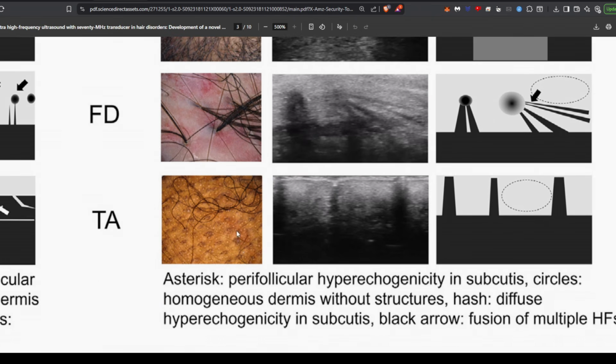And TA over here, yeah, we can see a similar story. There's a lot of spacing between the hair follicles, and you can see some hair follicles here and there. This is traction alopecia, by the way, but you can see some hair follicles that are still active. They're still terminal, they're still wide, but lots of empty space and fibrotic areas in the dermis.